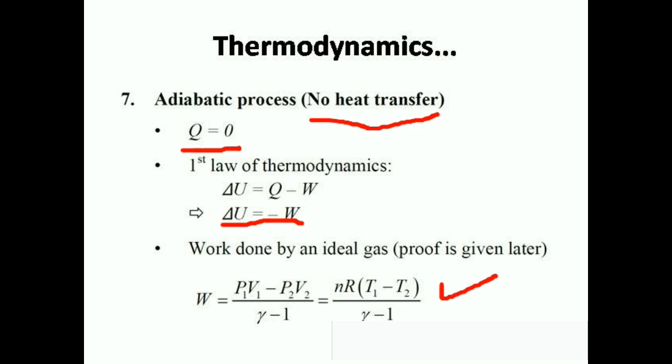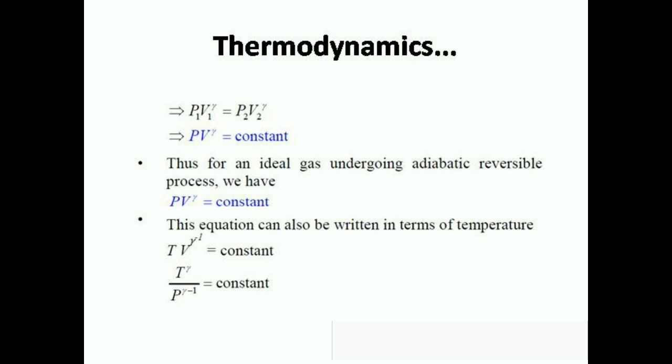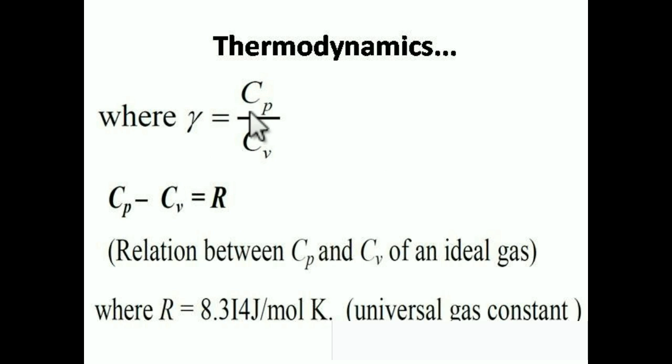Now what is gamma here? Gamma is a new quantity here. Gamma is known as adiabatic index. The value of gamma is Cp by Cv. For most of the cases you can say gamma is 1.4.